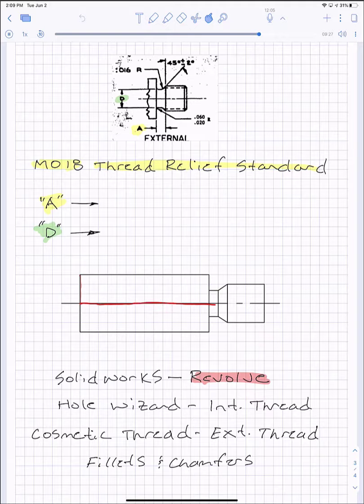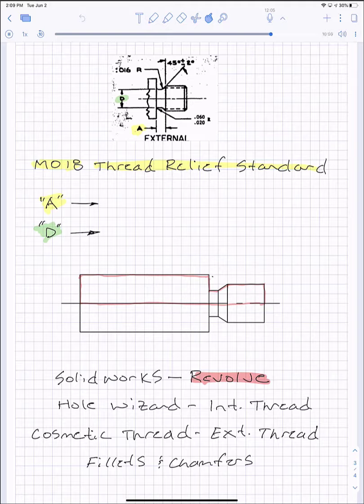It'll be a here, up and over, and there's fillets on this thread relief. We're going to leave those blank so that we can add those as features. There we go. So once we make that sketch, we'll revolve this around the axis going through the middle of the part.